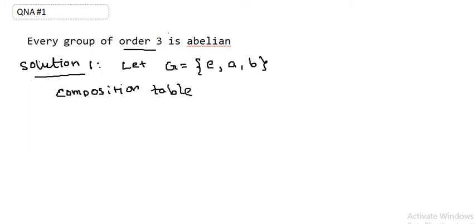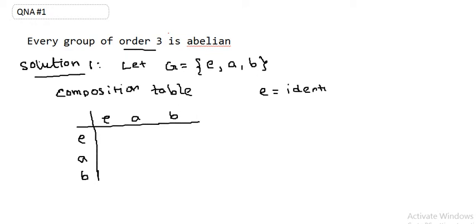Here we have E, the element A, and the element B. Because G is a group, it must have an identity element, so we assume that E is the identity element of the group. Obviously A is not equal to E, and B is not equal to E, so B is also not an identity element.